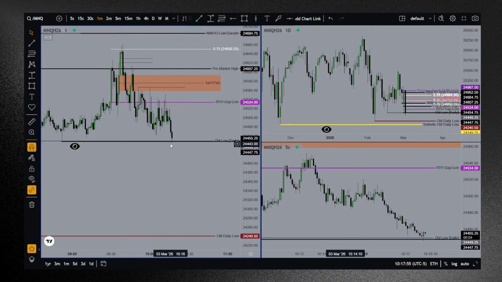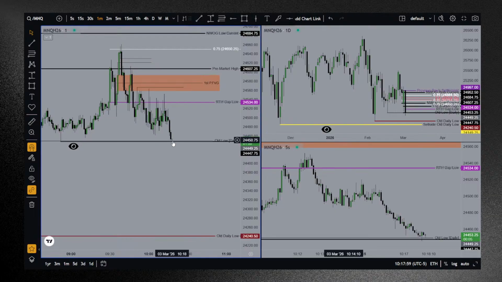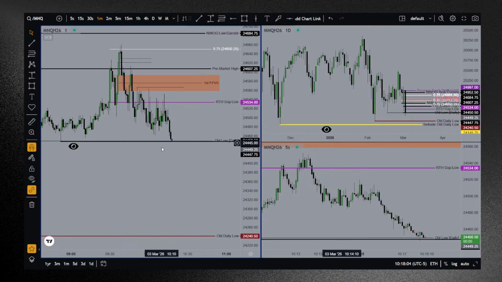Alright, tapping into the sell side shallowly. I would like to see it trade to and through, like a deeper run. This is not enough in my opinion.